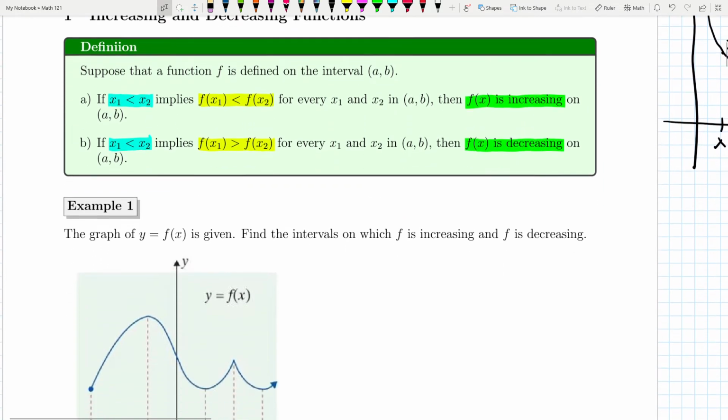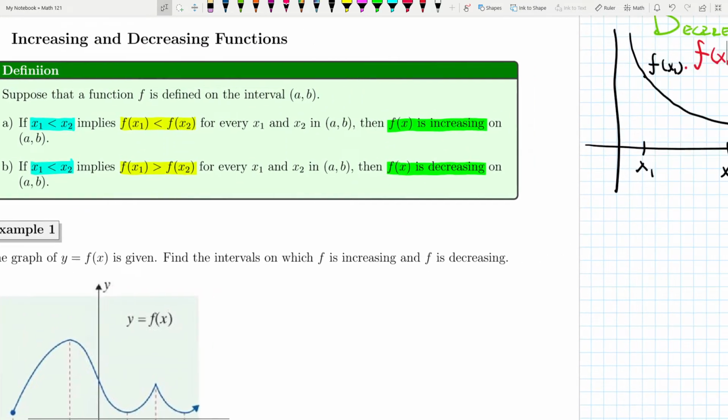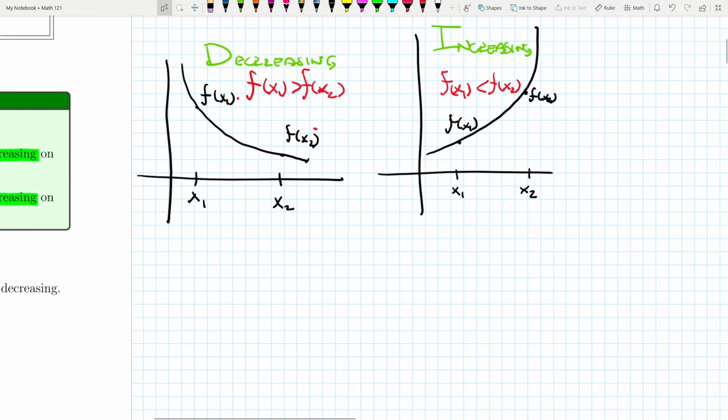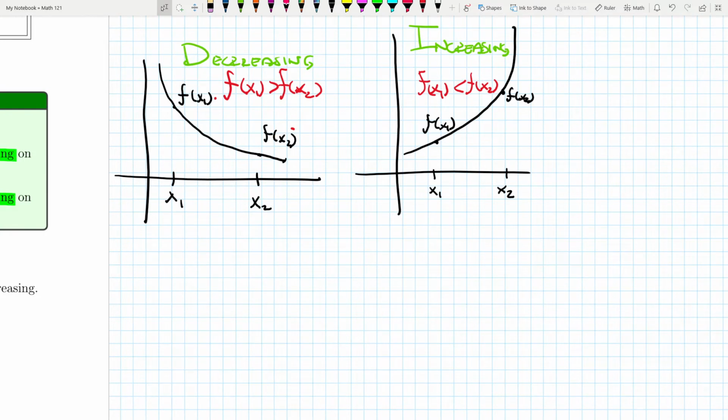All right, but of course, these kinds of graphs won't have only one behavior. There are cases in which we may have a function that is only decreasing or only increasing.